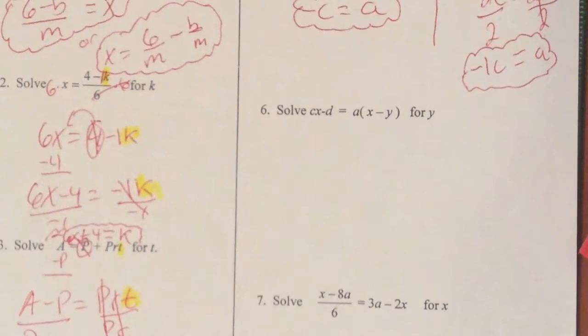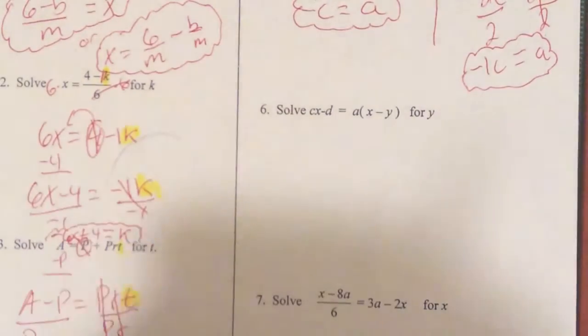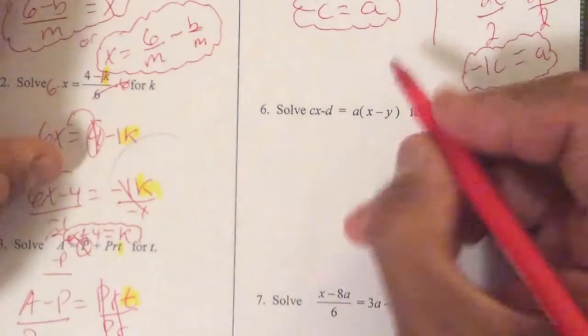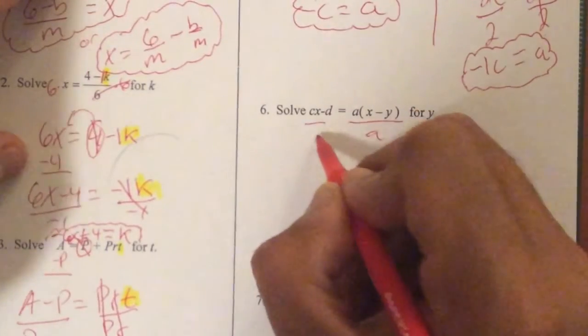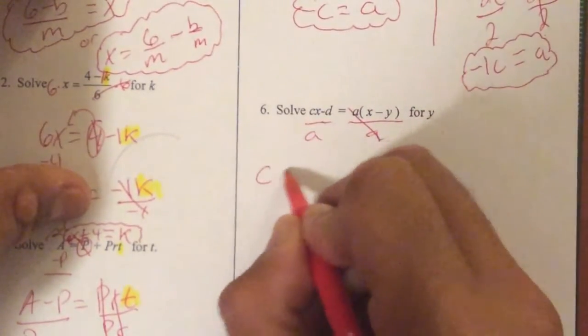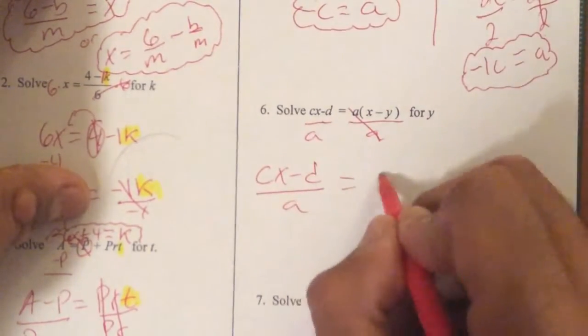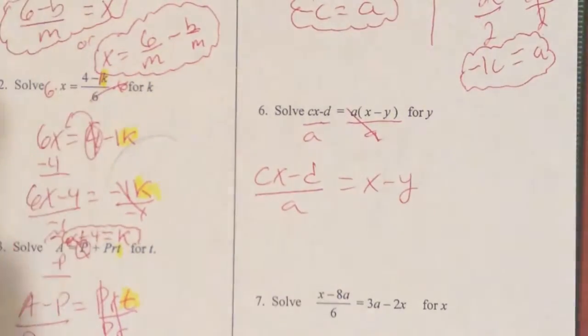Okay. Now, for this one, you could distribute or you could divide. It really doesn't matter. So for this one, I'm just going to divide by a to the other side because we're solving for y. So I'm left with cx minus d all over a equals x minus y.